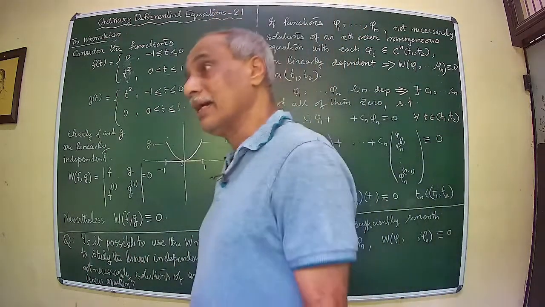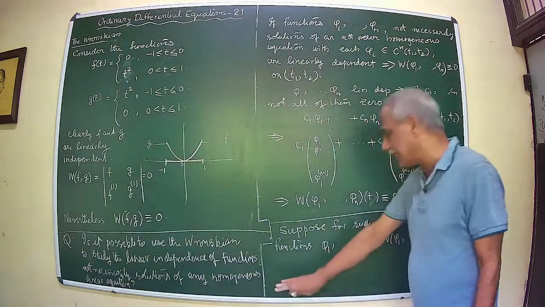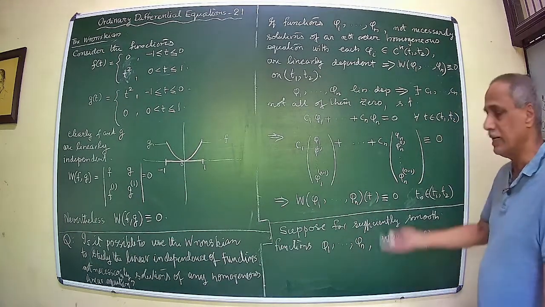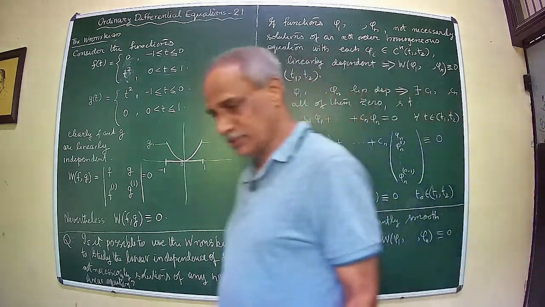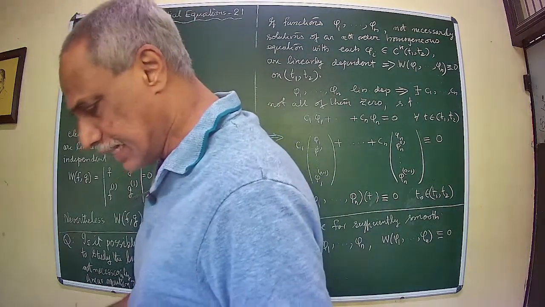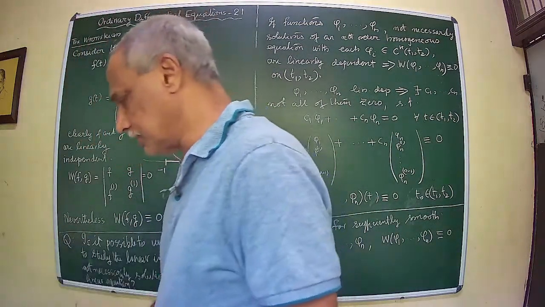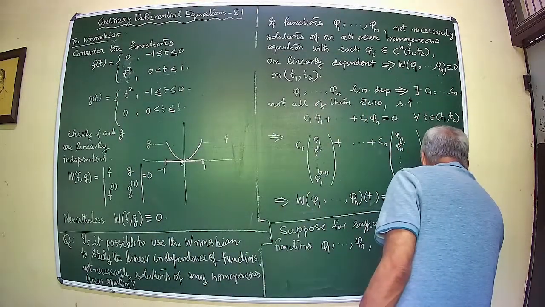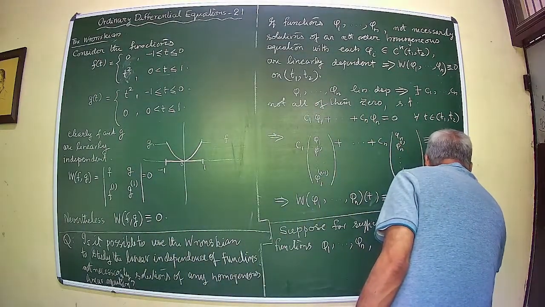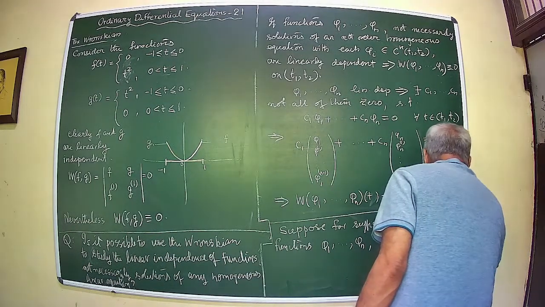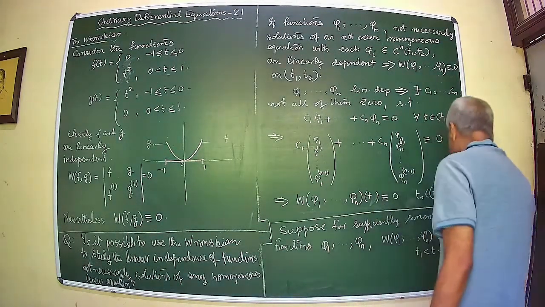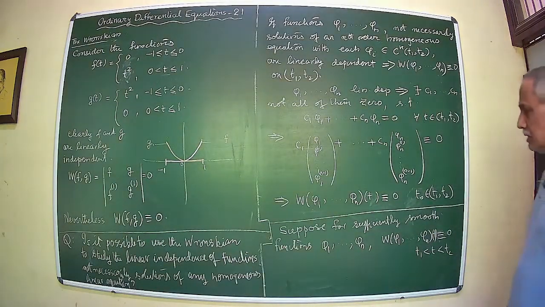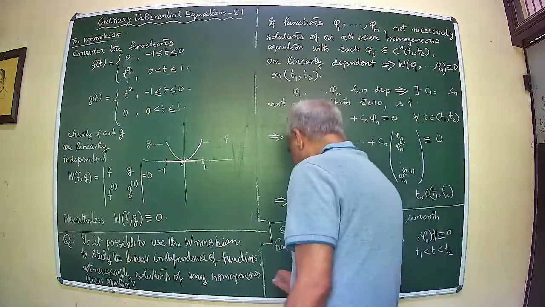But can you put some extra condition on this so that you can come to the conclusion? The extra condition that we put is this, for t1 less than t. Suppose we put the extra condition.